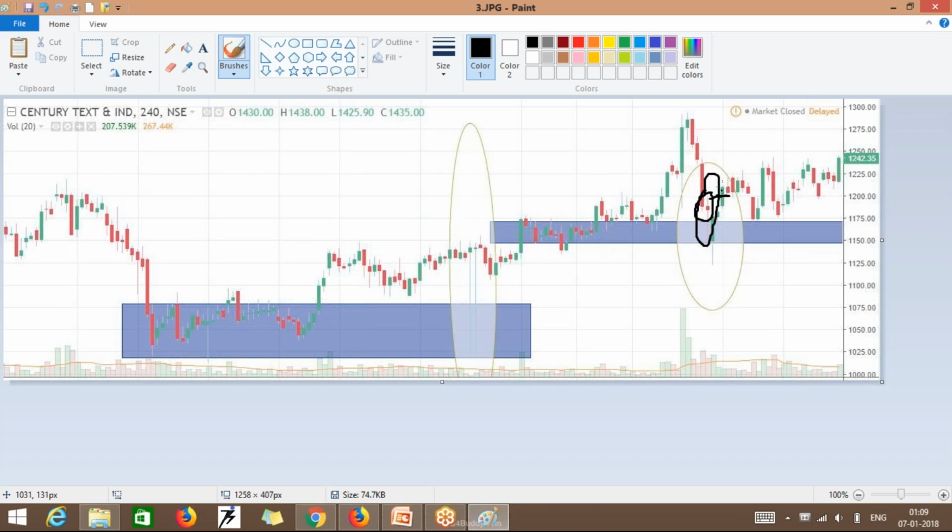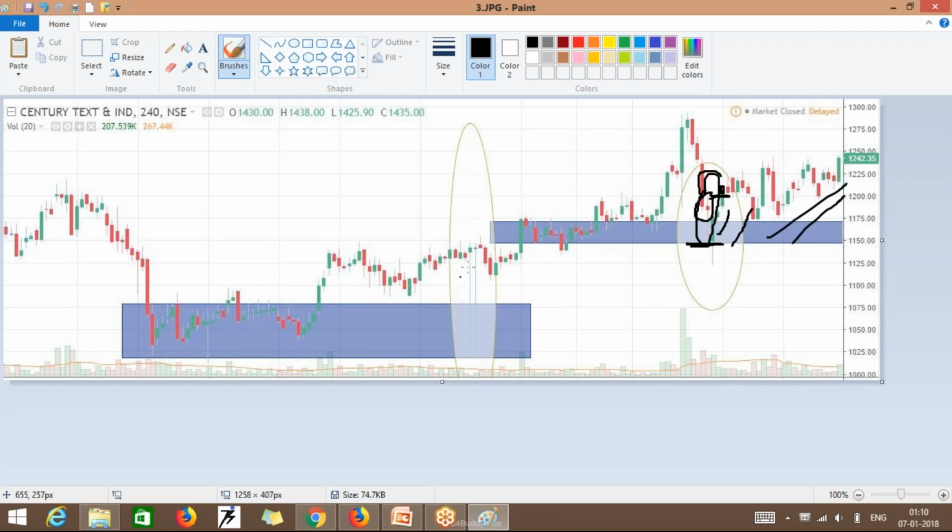So you could have taken the trade from this level and your stop loss should be the downside of the pin bar. You could have waited for two more candles to form, and the price went above the pin bar and rose up. Here it is not clear, but it gave a nice trade.